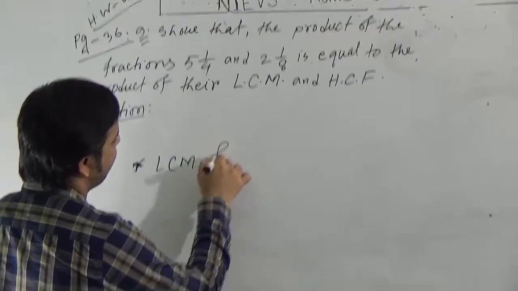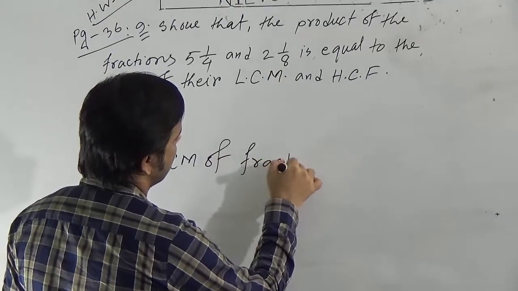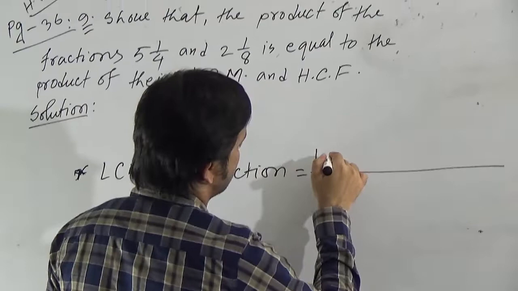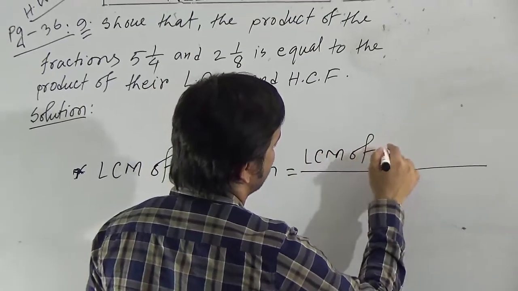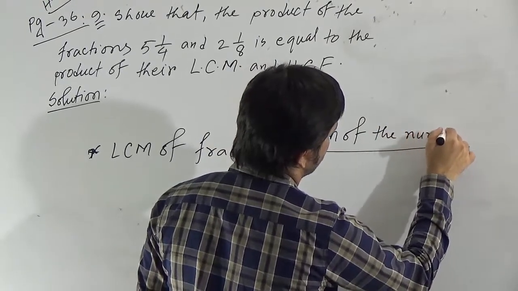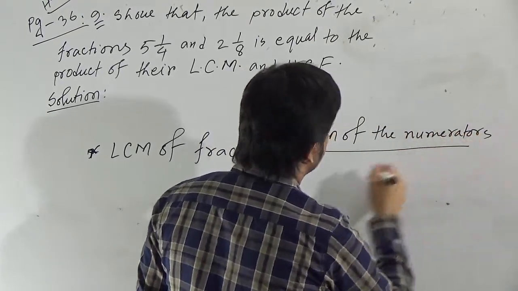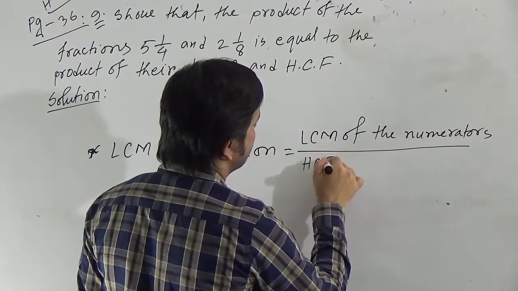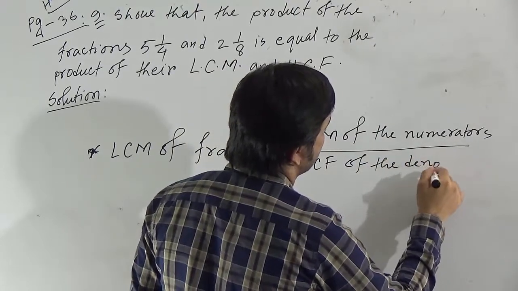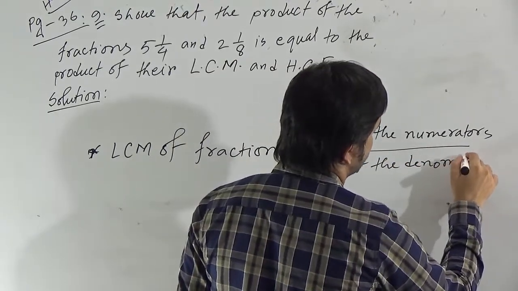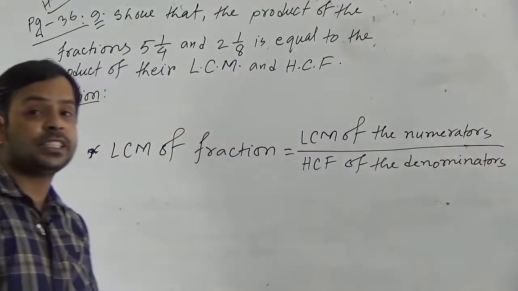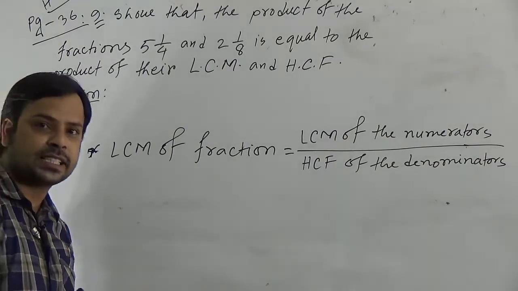LCM of fractions means we have to take the LCM of the numerators over the HCF of the denominators. This is the formula for determining the LCM of fractions.